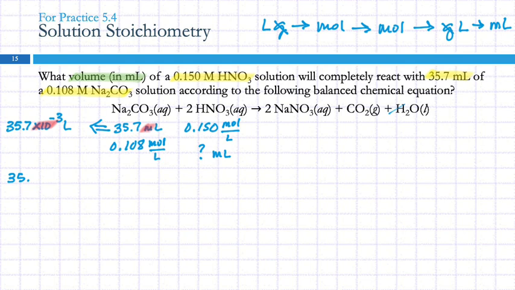So 35.7 times 10 to the minus 3 liters of Na2CO3. And then I'm going to go to moles, and to moles, and to liters. That wasn't right. To liters, and then to milliliters.